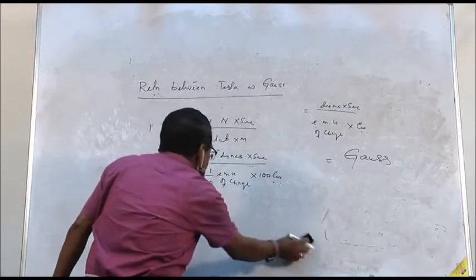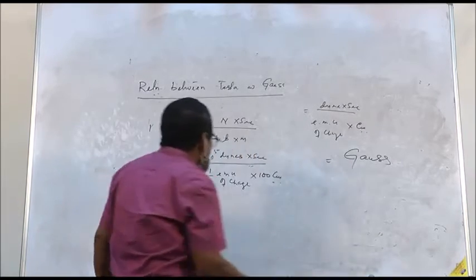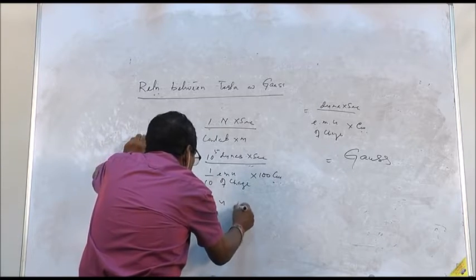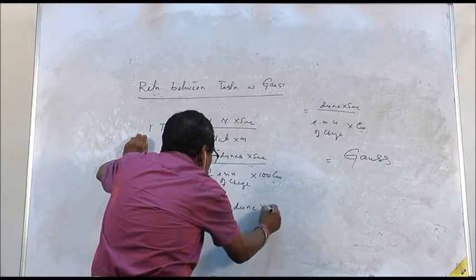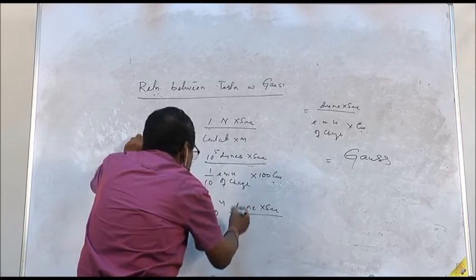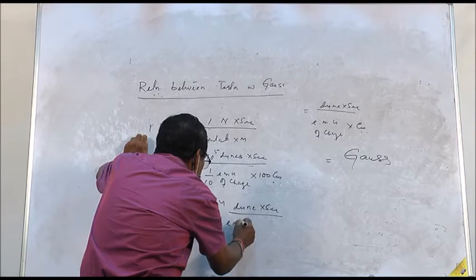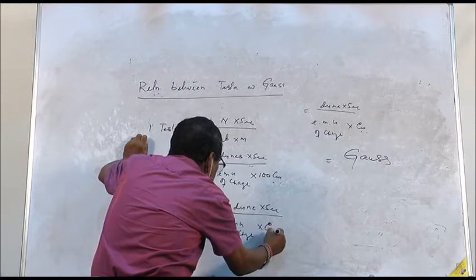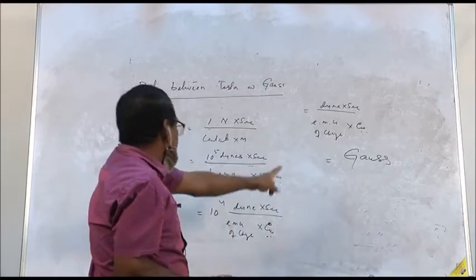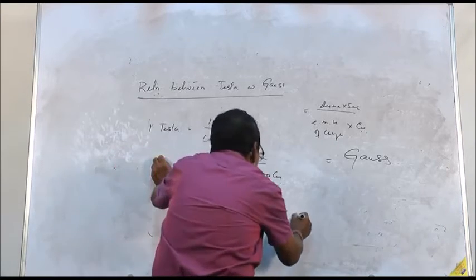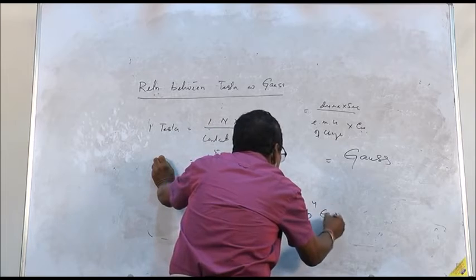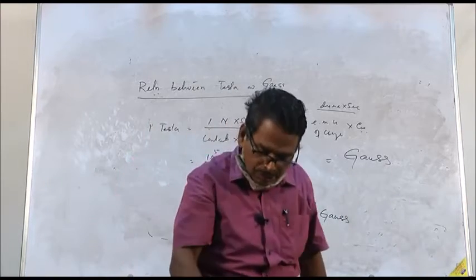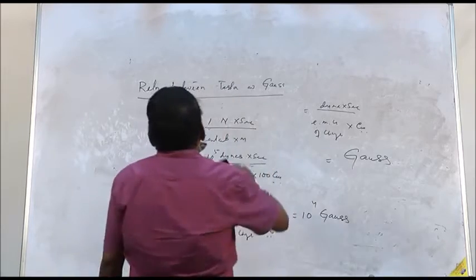Look at the figures. This becomes 10 to the power 4 dyne into second by EMU of charge into centimeter, that is 10 to the power 4 Gauss. So 1 Tesla is 10 to the power 4 Gauss.